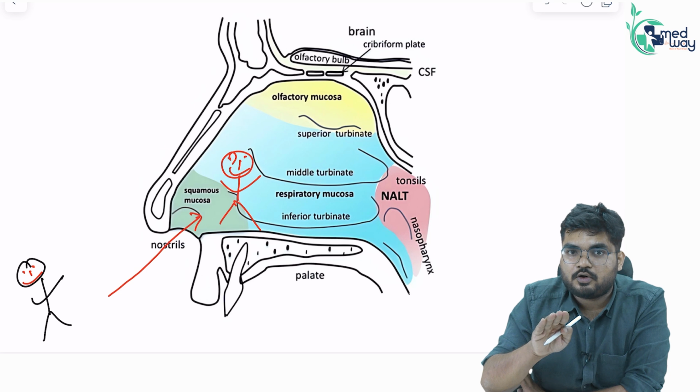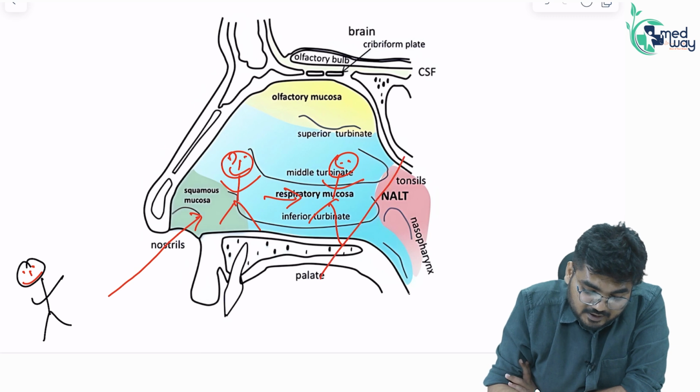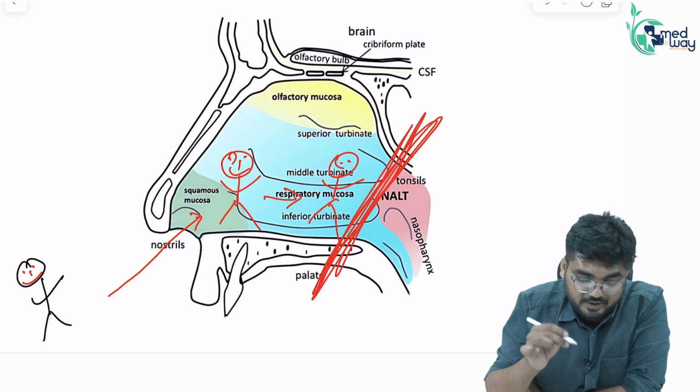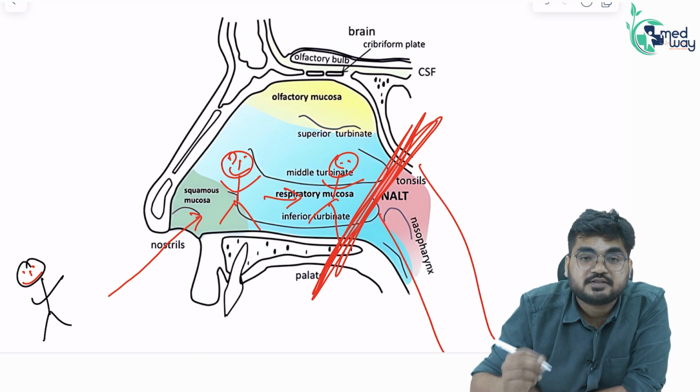I walk along, behind. There will be a point where the nasal cavity will end. There will be a junction where the nasal cavity ends and the nasopharynx will start. This is the nasopharynx that is starting.